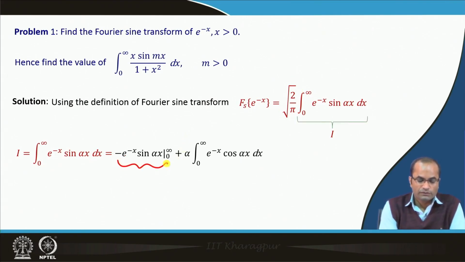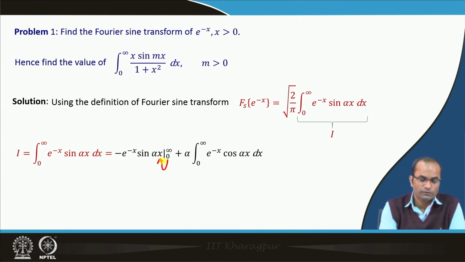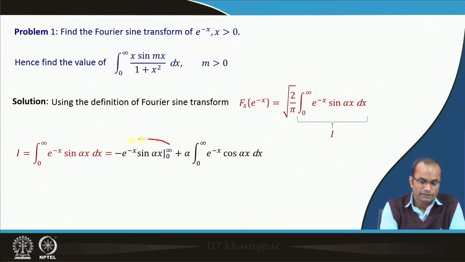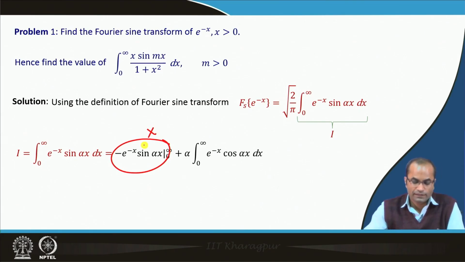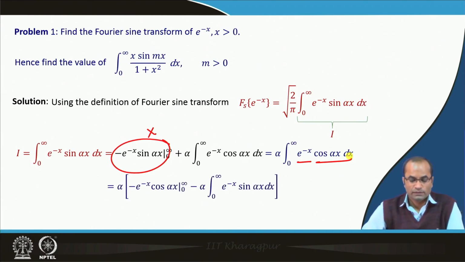Now considering the first part, when x goes to infinity, this e power minus x will make this term 0, and when x goes to 0, then this sin 0 will be 0. So, the first term will disappear, and then from the second term we have alpha times the integral of e power minus x cos(alpha x) dx. Again we can integrate this by parts.